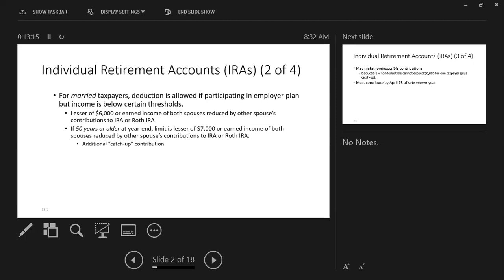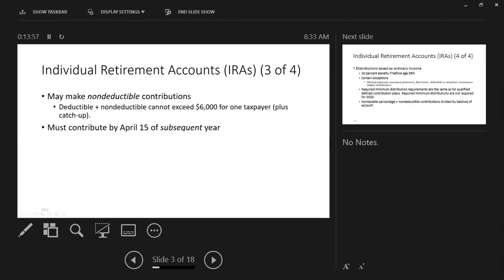The one who is the active participant, if their MAGI is 0, then they could take the full deduction, which doesn't matter because they don't have any income. The deductible contribution phases out between 0 and 10,000 of MAGI. And once they have MAGI of 10,000 or more, it's fully phased out. So guess what? Married filing separately usually don't get a deductible traditional IRA contribution. So that's what we wanted to bring to your attention there.